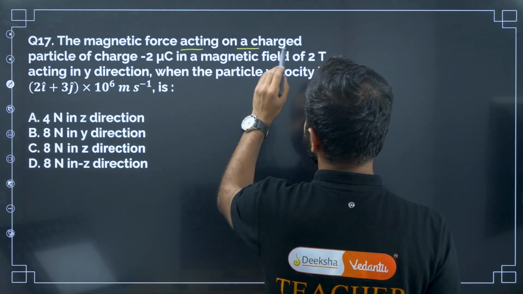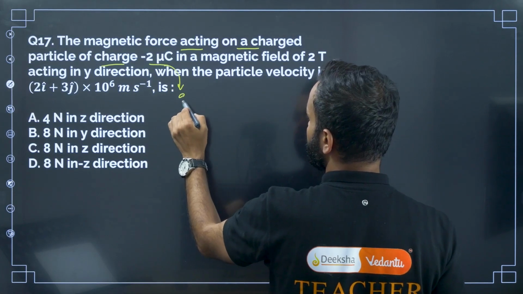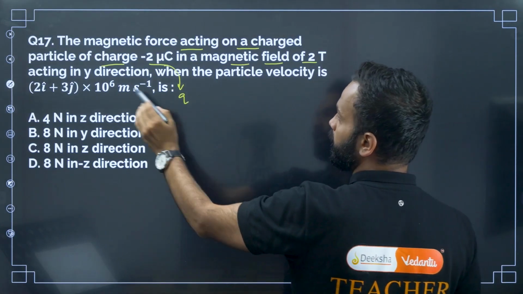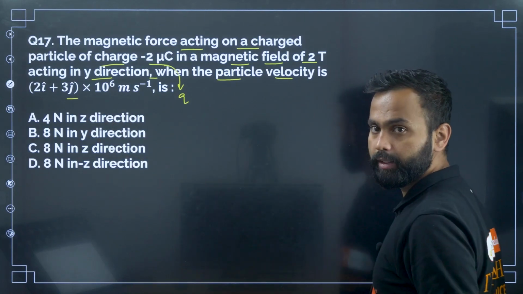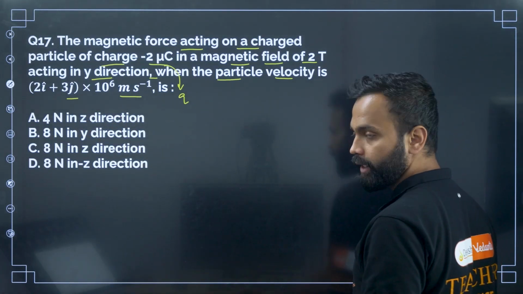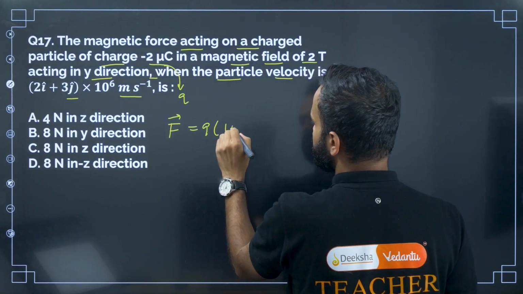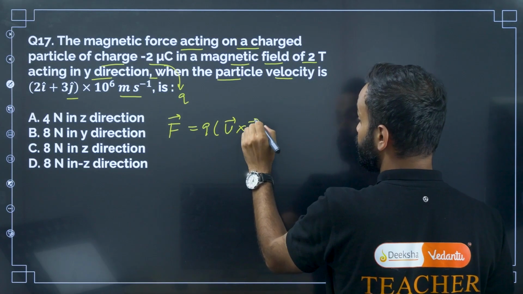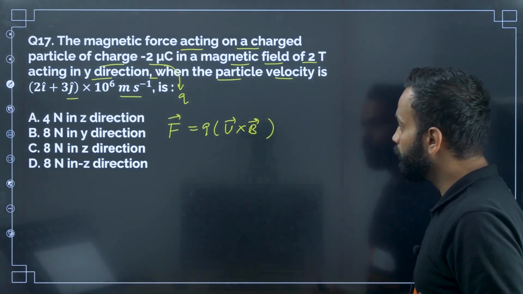The magnetic force acting on a charged particle of charge Q equal to minus 2 microcoulomb, in a magnetic field of 2 Tesla acting in the y direction, when the particle velocity is 2 i cap plus 3 j cap into 10 to the power 6 meter per second. We have solved these kinds of questions, I will do it quickly. F vector is equal to Q into V cross B, the magnetic force on a charged particle moving in a uniform magnetic field.